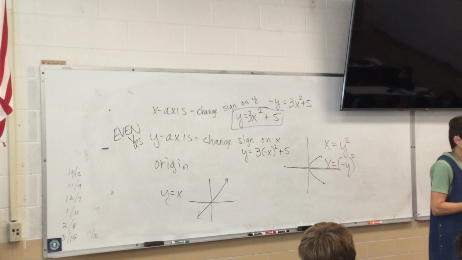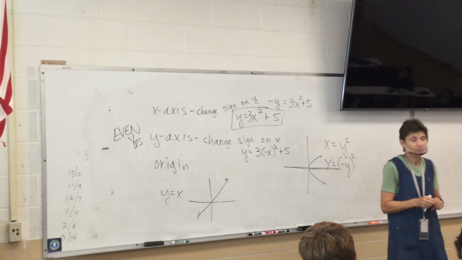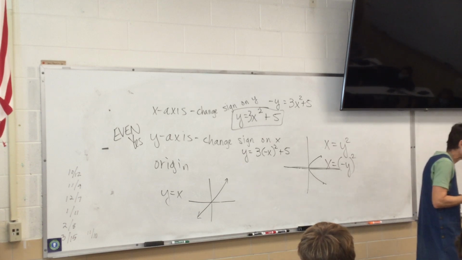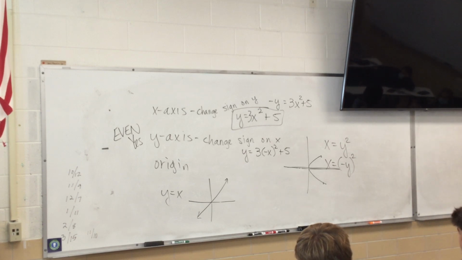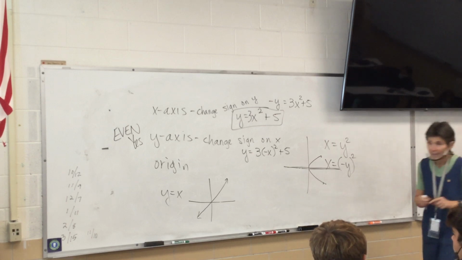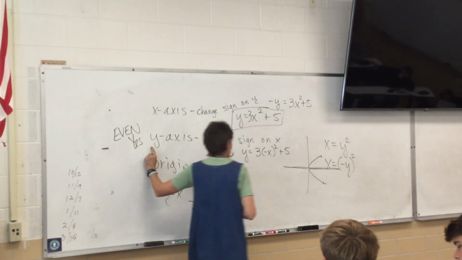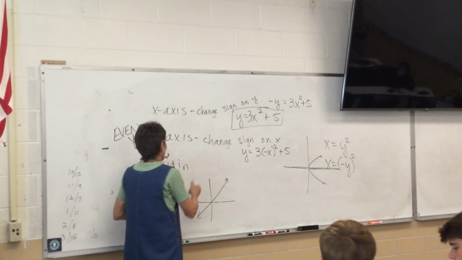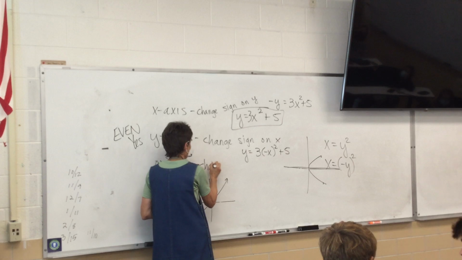And before you start thinking, oh, even numbers, the cosine is an even function. It doesn't have any numbers. You've got to look at the picture. If you are symmetric about the y-axis, you are even. This one is. Origin, change the sign on both.